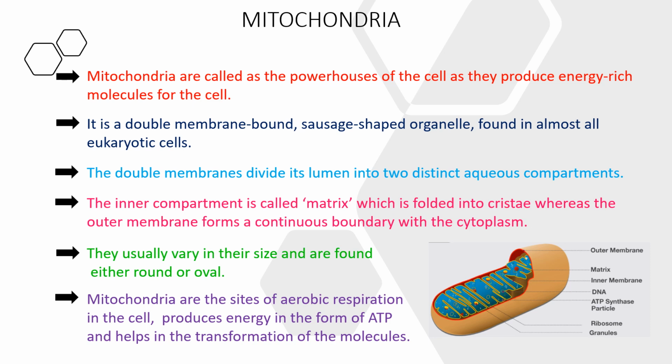ATP means what? Adenosine triphosphate. Don't forget the full forms: RNA, ribonucleic acid; DNA, deoxyribonucleic acid; ATP, adenosine triphosphate.